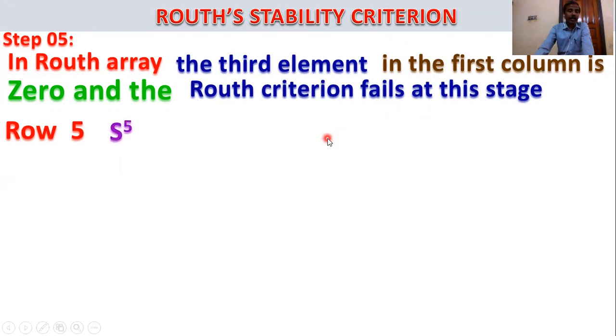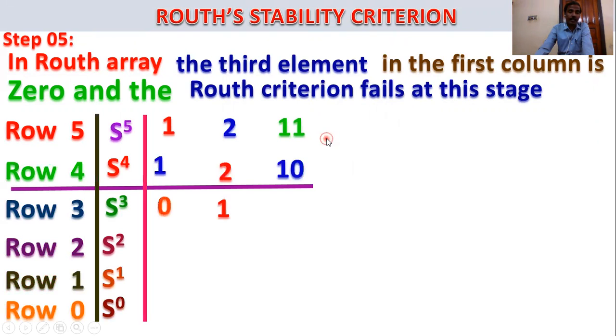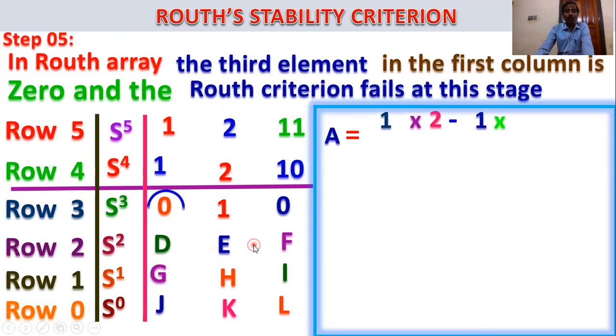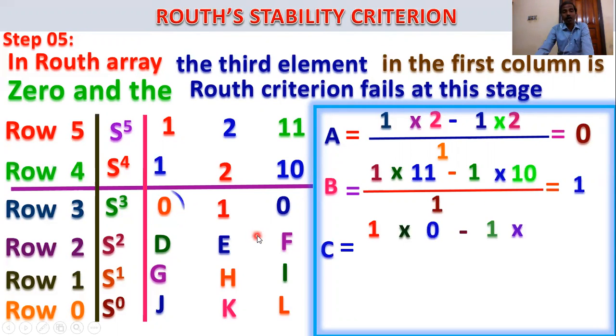At this stage, this is the Routh table: A equals 0, B equals 1, C equals 0, then D is undefined, and E, F, G, H, I, J, K are all undefined. So for A, B, C, this is the case number 1, Routh case 1.